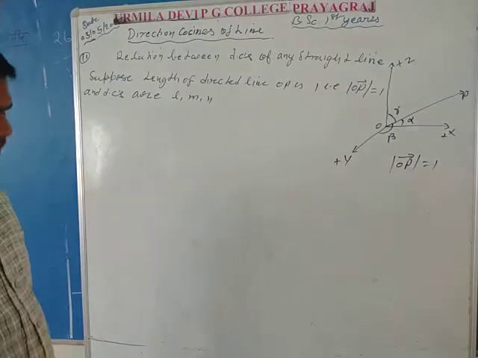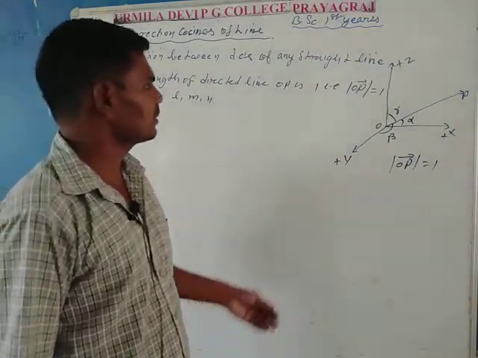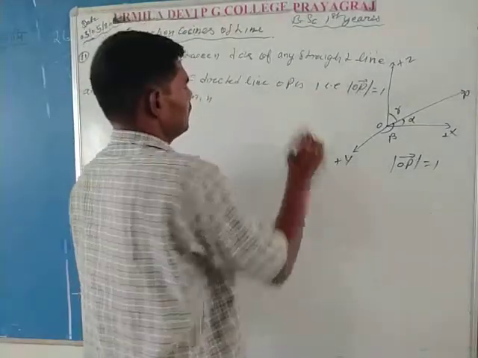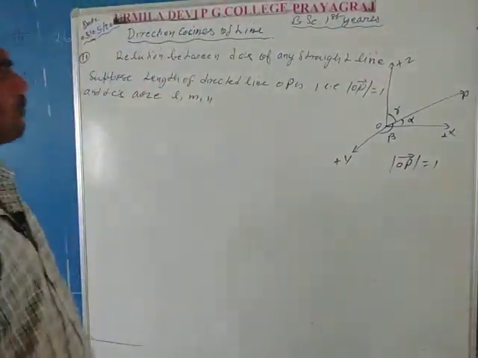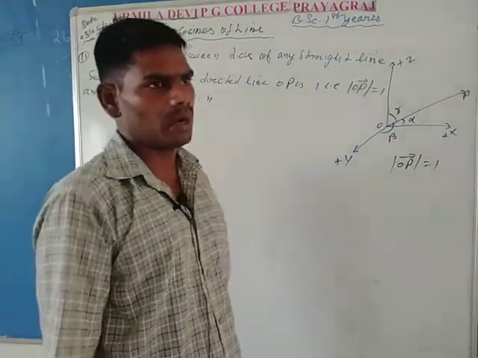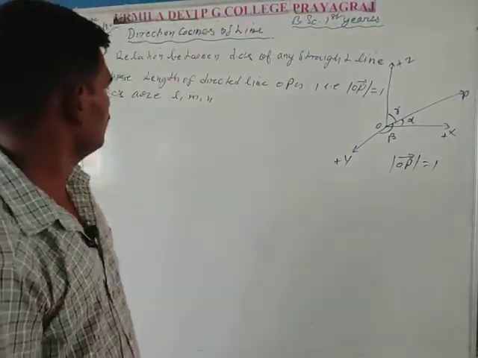The direction cosines of straight line OP are small l, m, n, and the length of directed line OP means mod of vector OP is equal to 1.